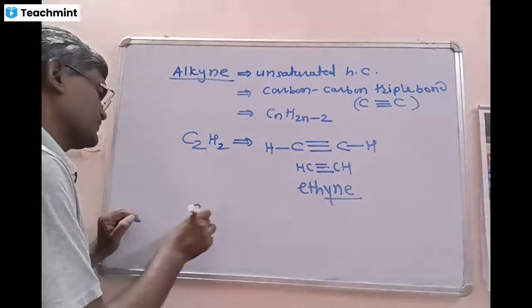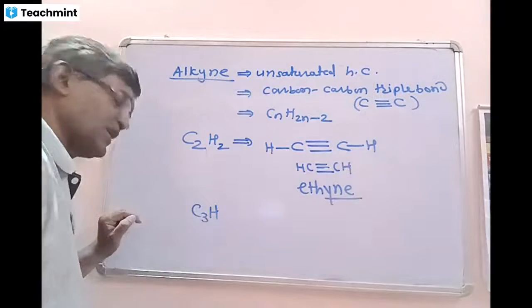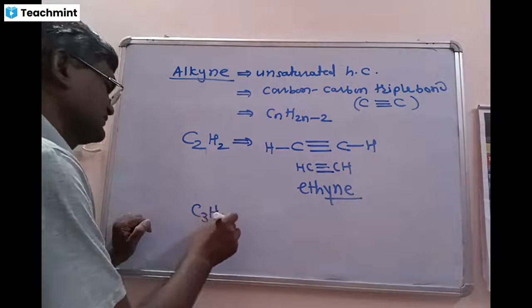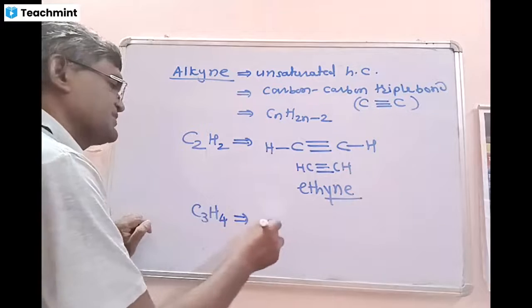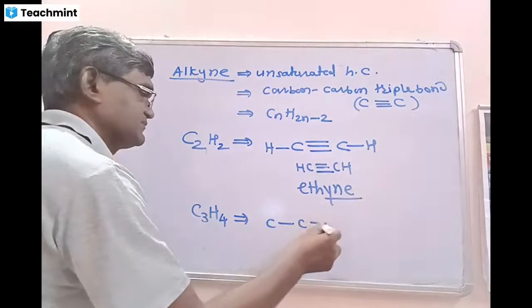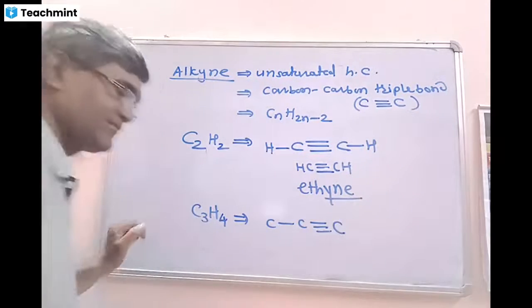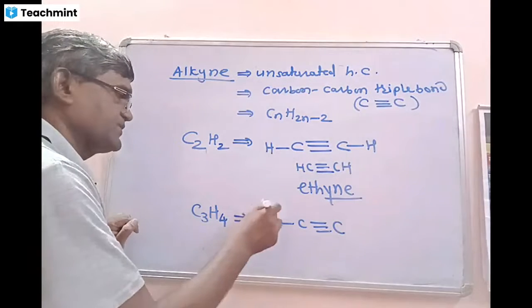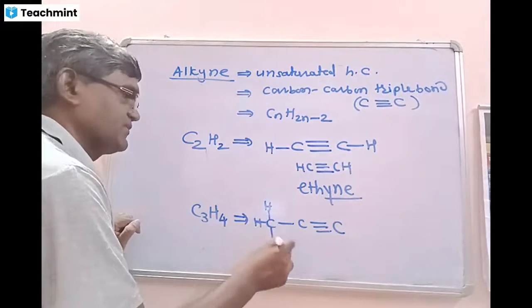Then you can go for this. How many hydrogen atoms should be there? 4. All right. So I will arrange these 3 carbons first like this. Now what about this carbon? 3 valencies are open. So hydrogen 1, 2, and 3. What about this carbon?